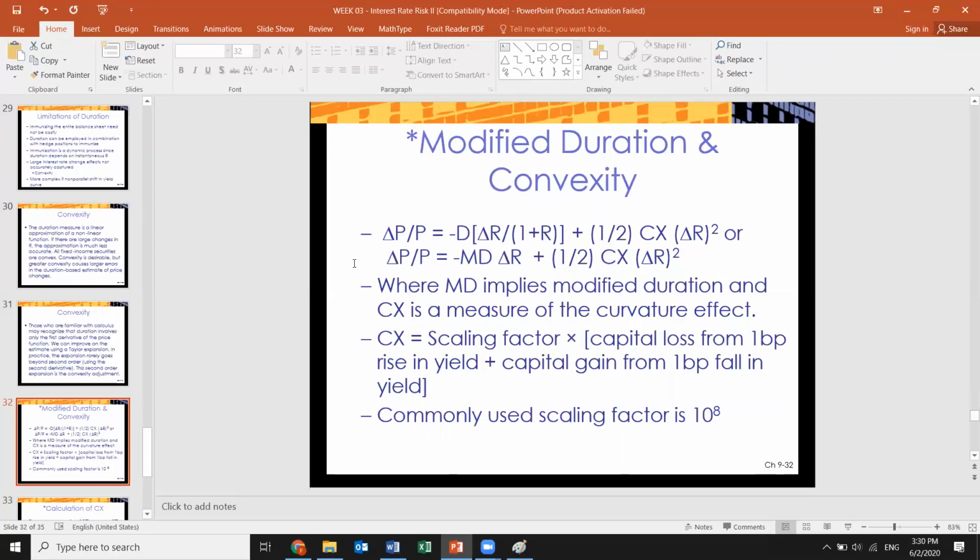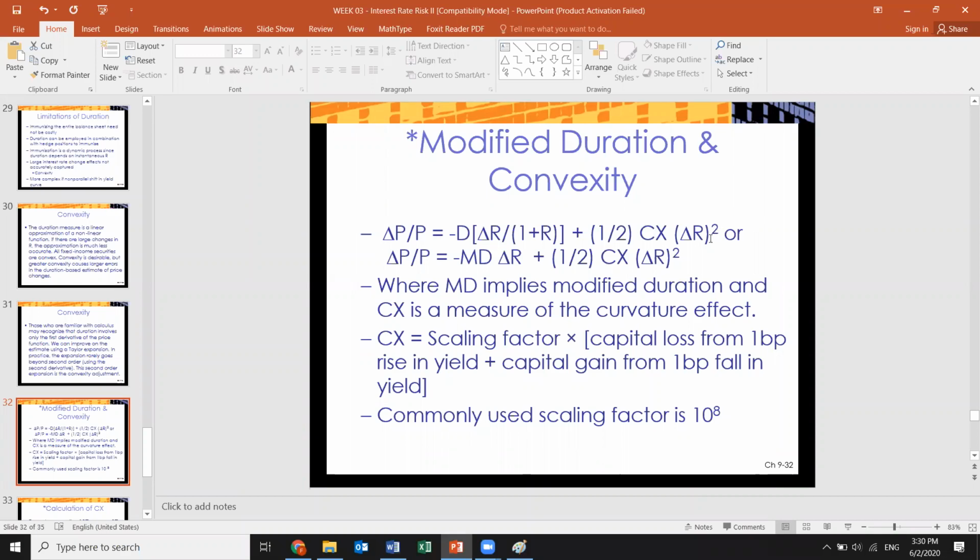So this is the formula given. Change in price divided by price gives you the sensitivity of the price, equal to duration times the relative change in interest rate, plus 1/2 of the convexity effect or curvature effect times the change in interest rate squared.